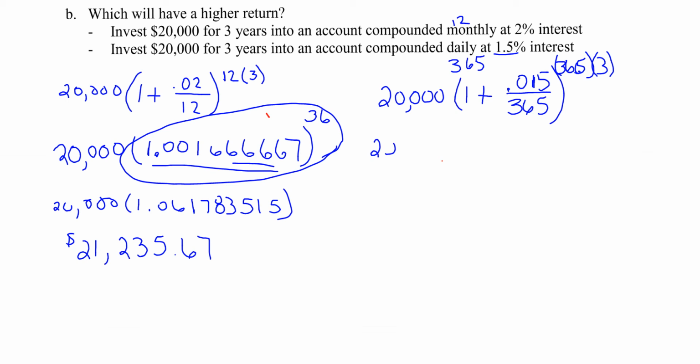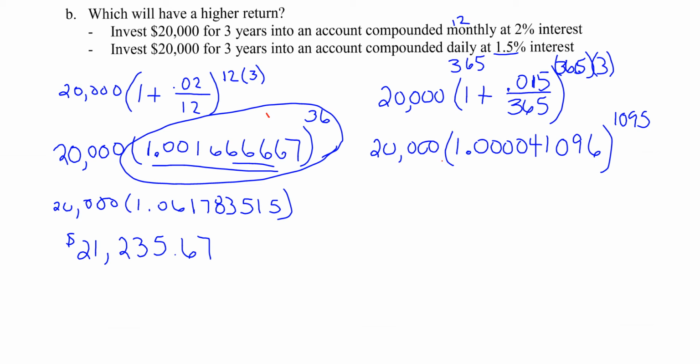So then we'll do the inside first, and we get 1.000041096, and 365 times 3 is 1,095.